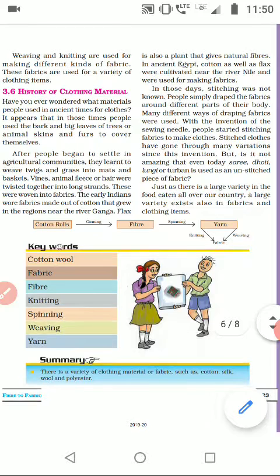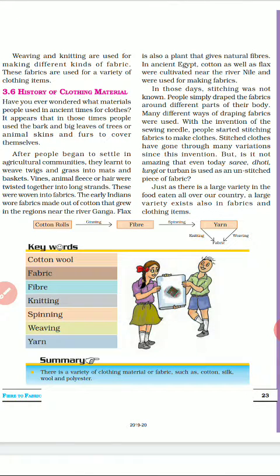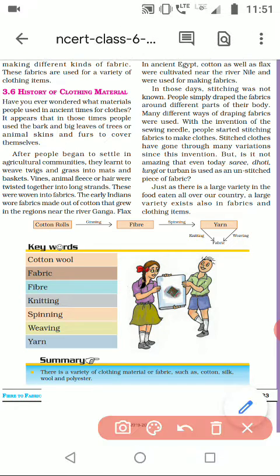Clothing materials are a primary need for human civilization. Early man did not know how to make clothes or how to use the things available around him. So, in order to protect himself from the harsh environmental conditions, he used the bark of trees, big leaves, skin of animals and furs to cover himself.